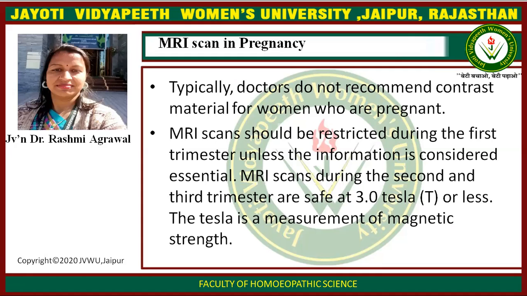MRI scans should be restricted during the first trimester unless the information is considered essential. MRI scans during the second and third trimester are safe at 3.0 Tesla or less. Tesla is the measurement of magnetic strength.